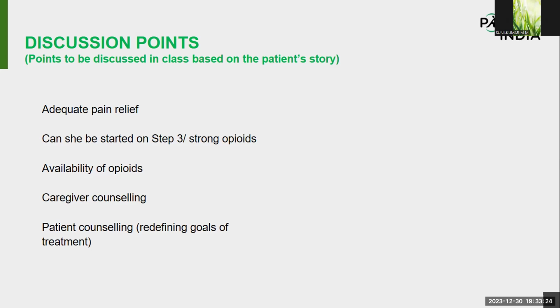Okay, so we have some sessions coming on communication in which we will deal with it in detail, but as of now, if the patient is in denial, it may be a coping mechanism as well. Many patients might know that they have this problem, but when somebody asks, they may deny it.